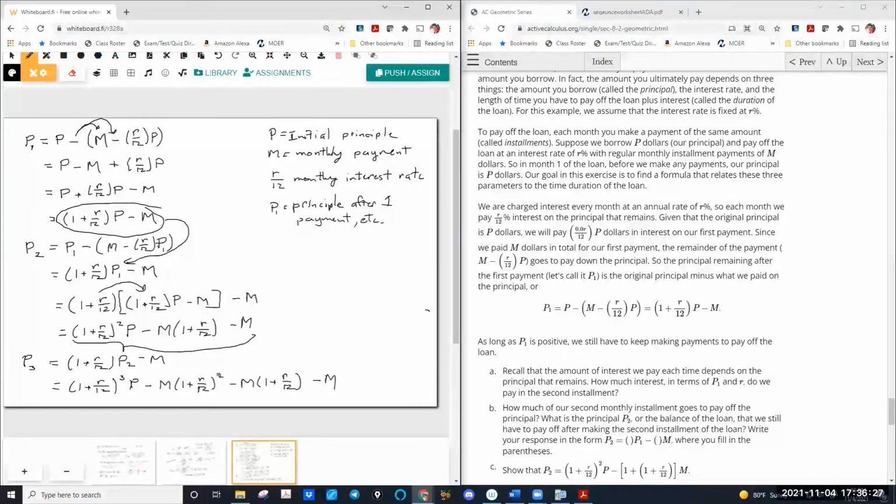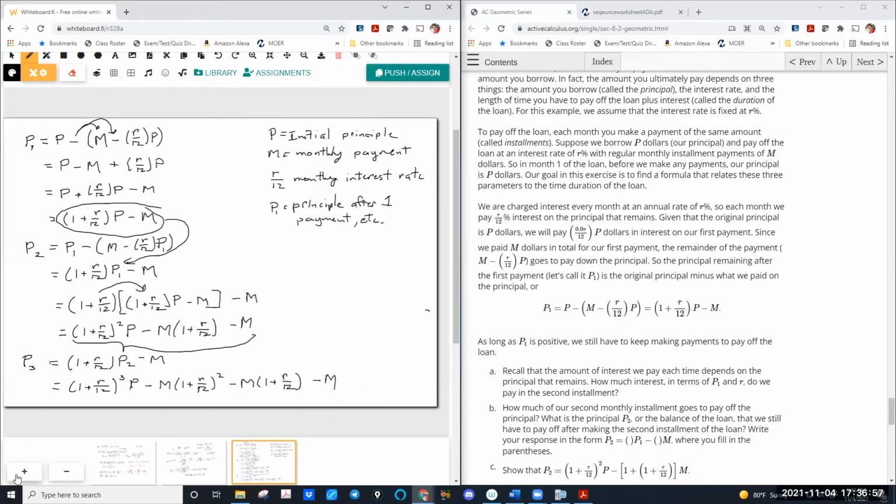Notice the only difference, squared to the first, we could think of this as 1 plus r over 12 to the 0. This part here with the m's is actually a geometric series. Let's take that out of there because I don't want it to look confusing later. So we have a geometric series here, and then we have an exponential piece here.